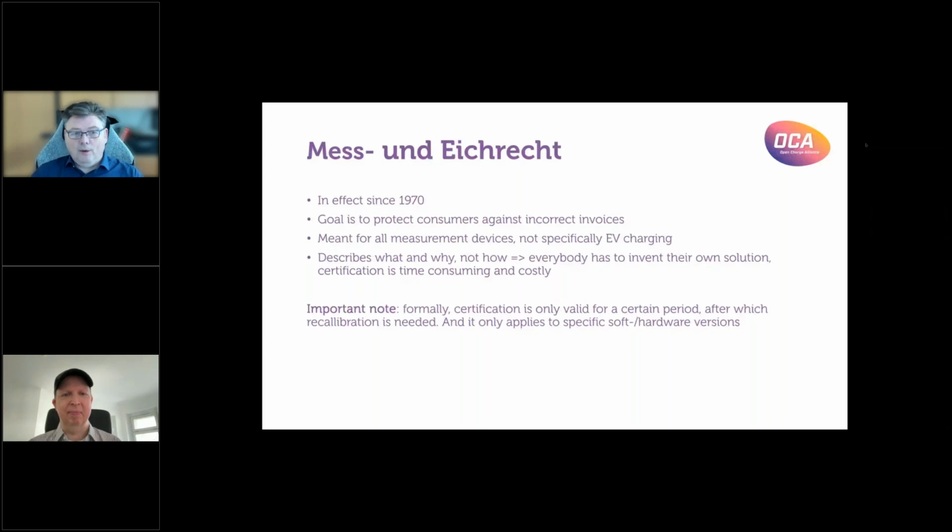The goal of that law is to protect consumers from incorrect invoices caused by incorrect measurements. So this is meant for all measurement devices, not specifically for EV charging, but since we are focusing on EV charging, that's the aspect of the measurand Eichrecht that we started to look at.